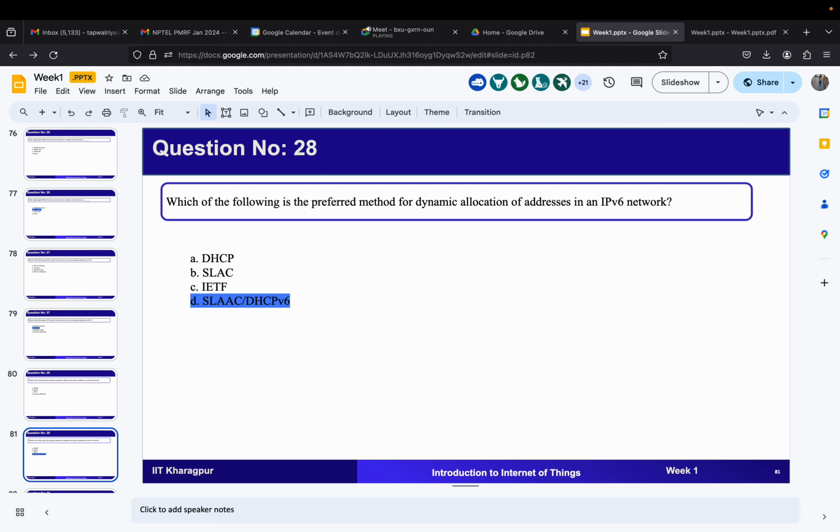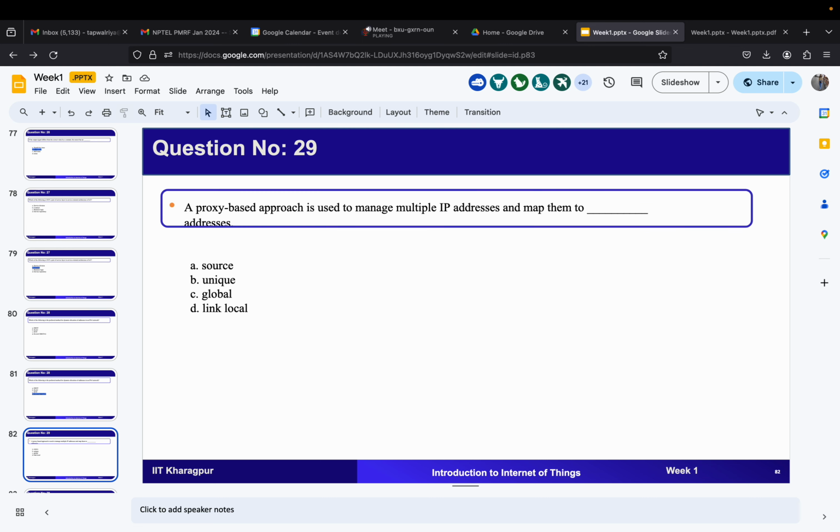Option D. Right, SLAAC and DHCPv6 both are used. Next question is proxy based approach is used to manage multiple IP addresses and map them to blank addresses. Options are source, unique, global, link local. Correct option for this is source.